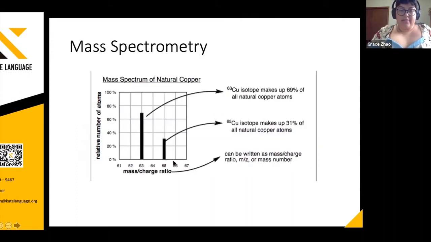And then copper-65 is another abundant one, at 31%. It can be written as a mass to charge ratio, m/z, or mass number. I'll later show you guys how to read the periodic table, and from the periodic table, we'll be able to determine the atomic number. So any questions there?